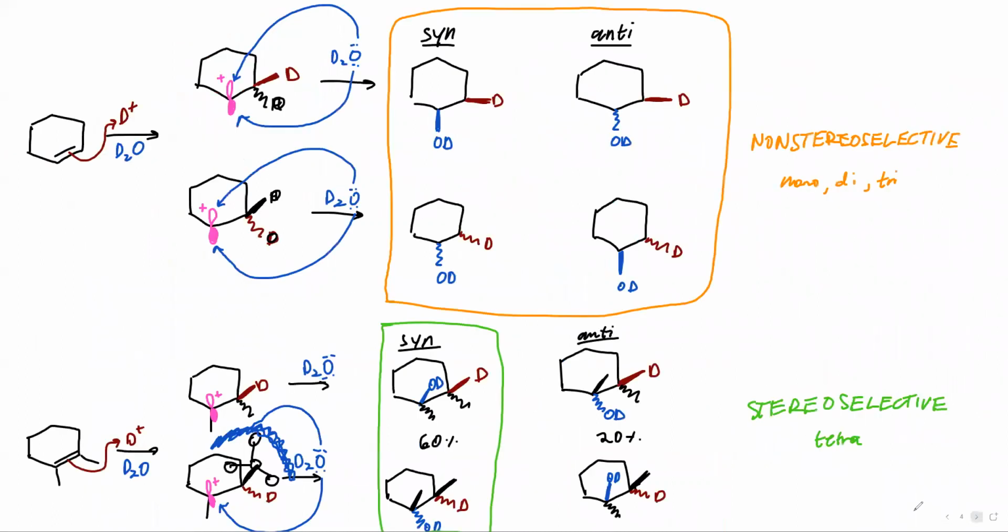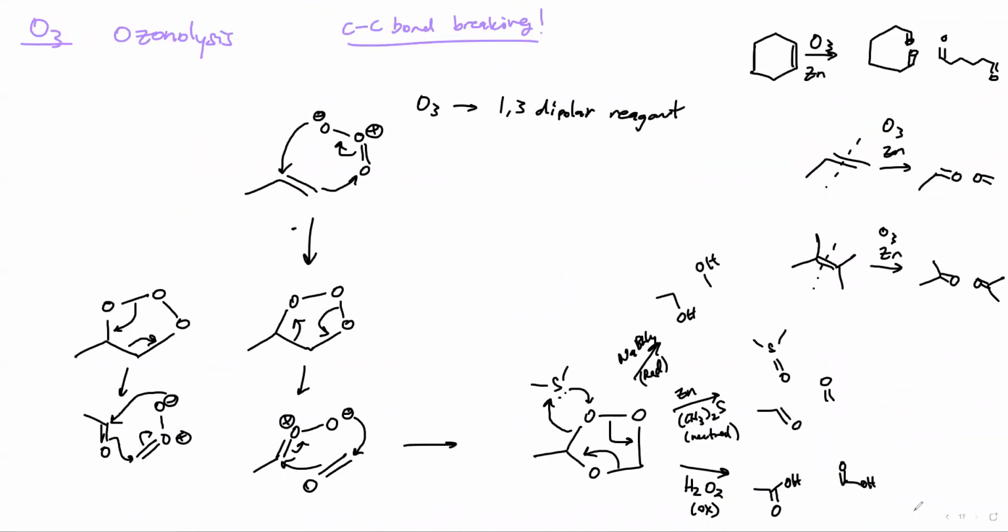So when you're thinking about your H+ reactions, you can think that a cation can form, and it can do some weird stuff like rearrange.